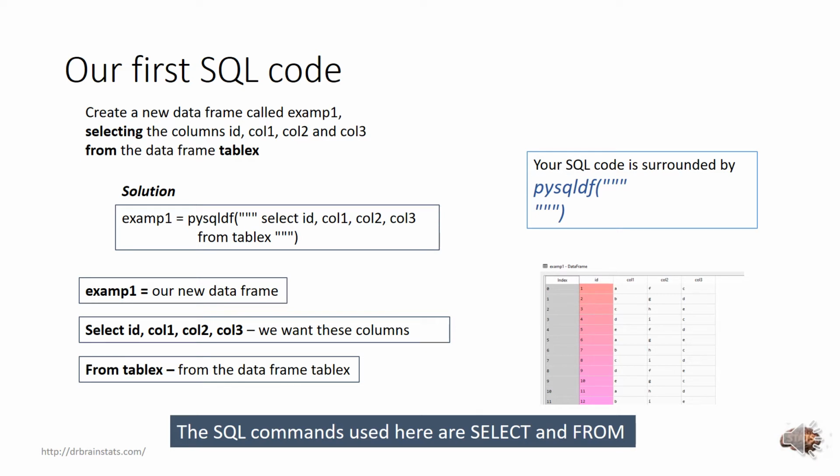The select statement is our command saying we want these columns ID, col1, col2, col3. And then we want them from the data frame tablex. And in the corner now we can see our results. The SQL commands used here are select and from.